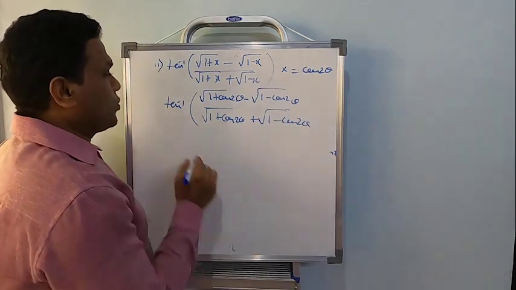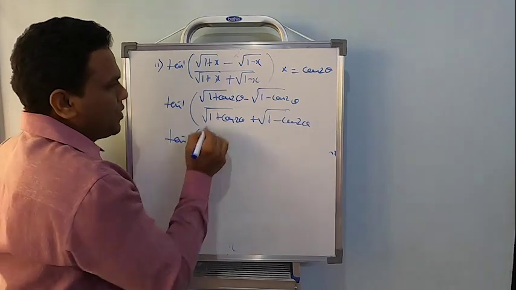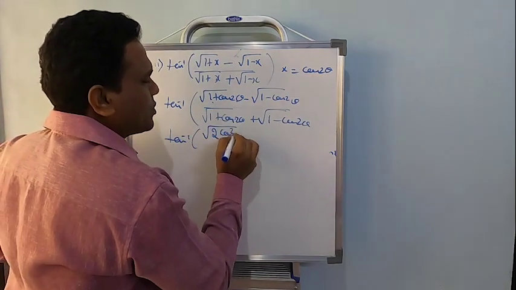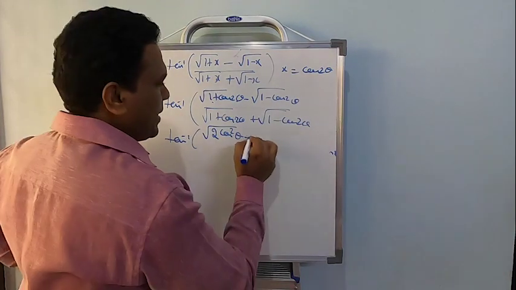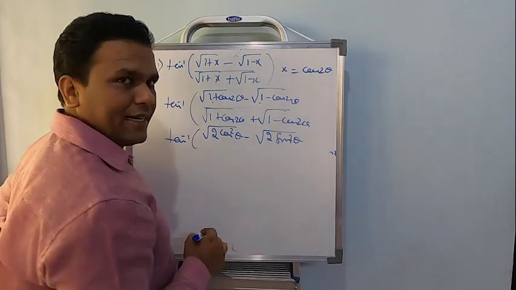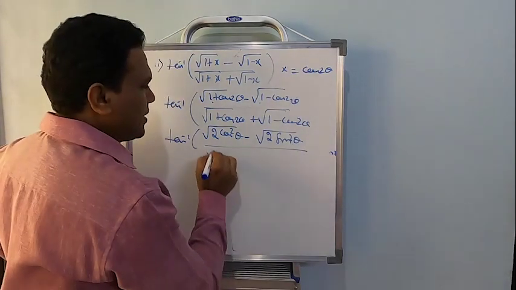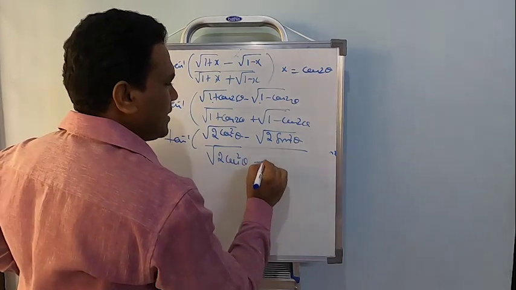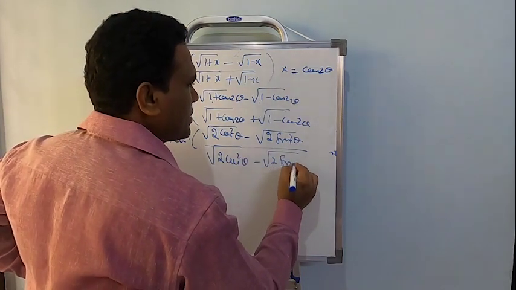What is 1 plus cos 2 theta? 1 plus cos 2 theta is nothing but 2 cos square theta, and 1 minus cos 2 theta is 2 sin square theta. And in the denominator, this is going to be 2 cos square theta minus 2 sin square theta.